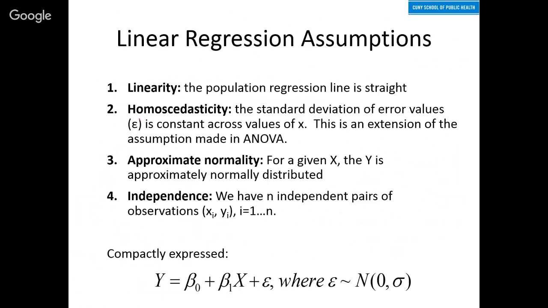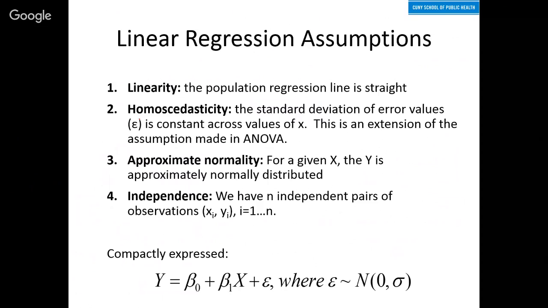Approximate normality: that for a given x, y is approximately normally distributed. You'll note this is somewhat different from just saying that y is normally distributed or x is normally distributed. X doesn't have to be normally distributed, y doesn't have to be normally distributed.